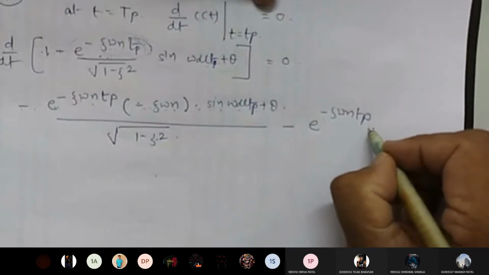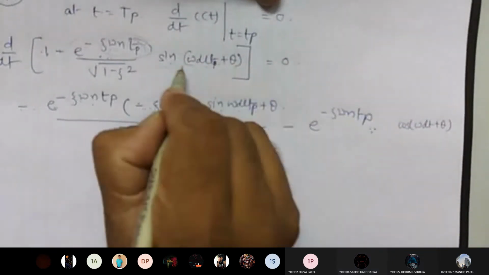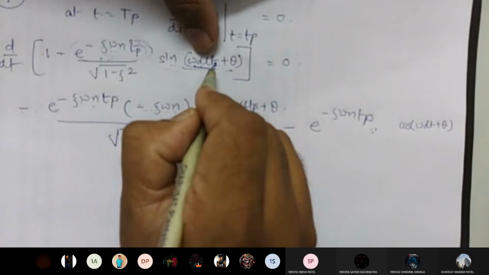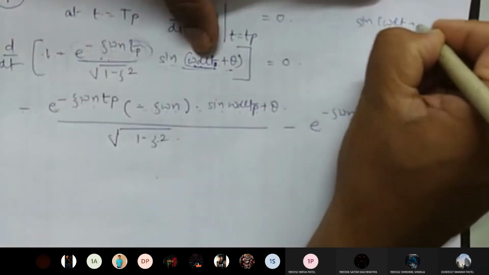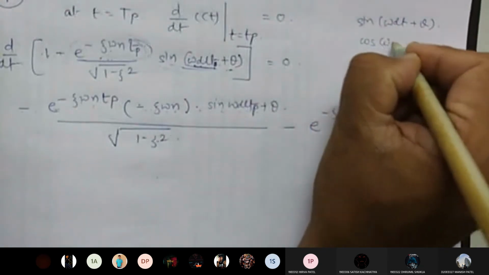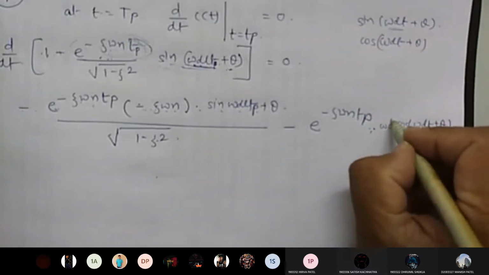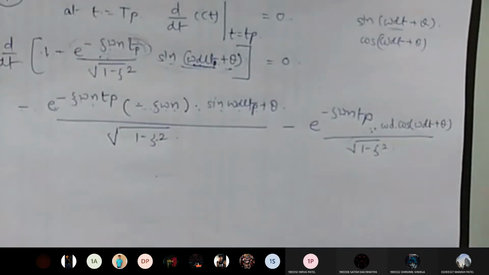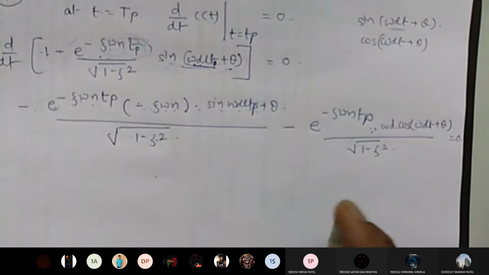It is cos(omega d t plus theta), the whole term. Then the derivative of omega d t gives omega d, so it will be omega d divided by under root 1 minus zeta square. It will be equal to 0. Done. Now what is zeta omega n? Omega d.